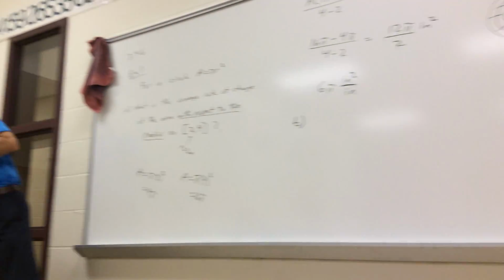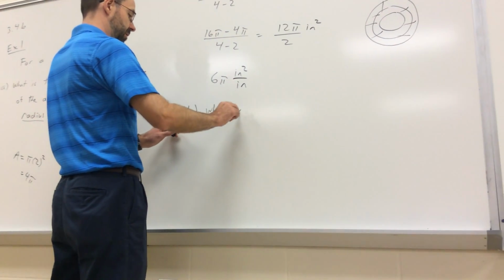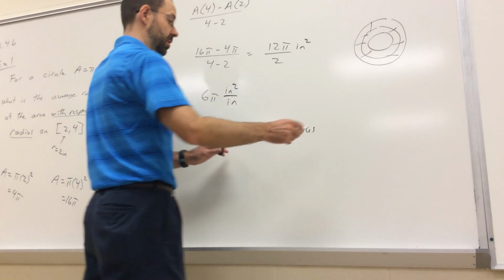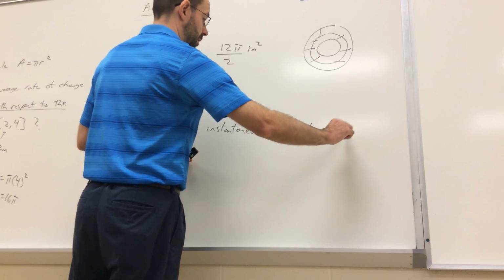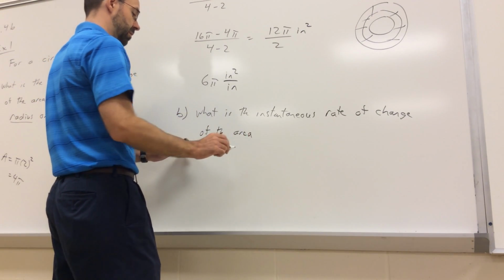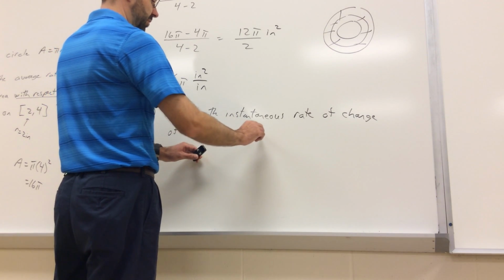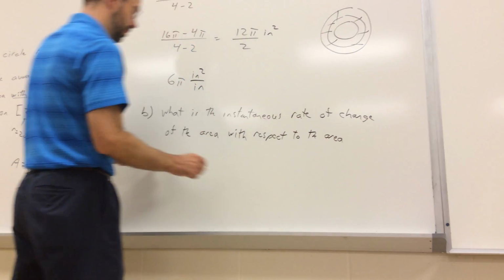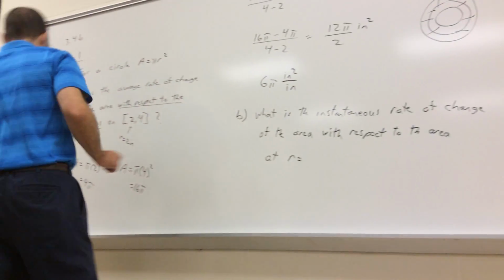Okay, and then for B, the question is, what is the instantaneous rate with respect to the area at R equals, let's see, I did R equals 2.